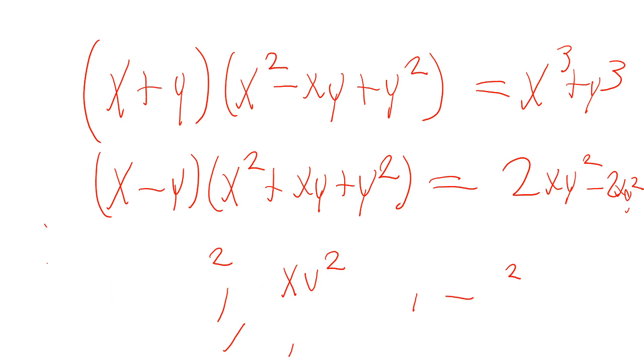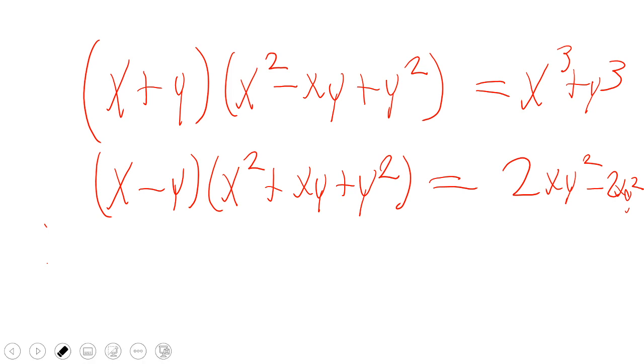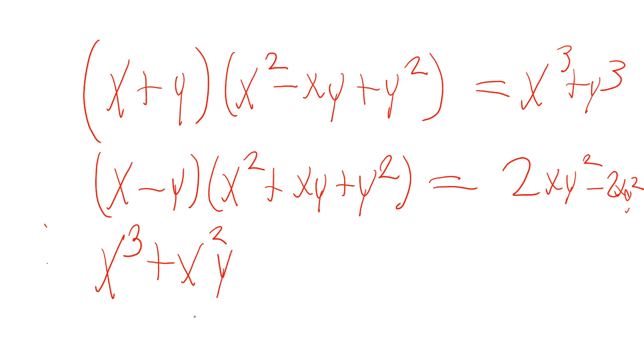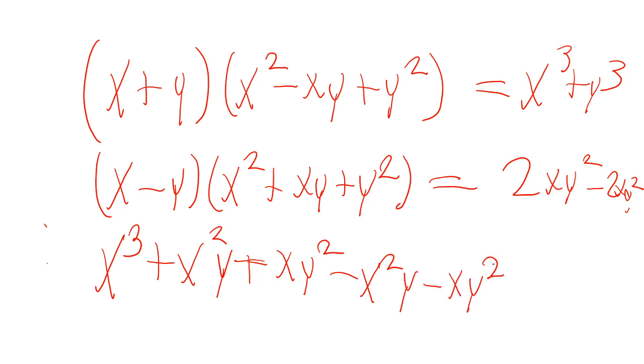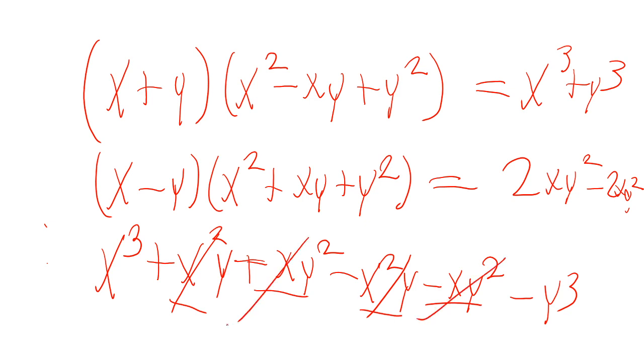Let's expand the bottom part. We have x cubed in the first term, plus x squared y plus xy squared, minus x squared y, minus xy squared, minus y cubed. x squared y minus x squared y cancelled. xy squared minus xy squared cancelled.